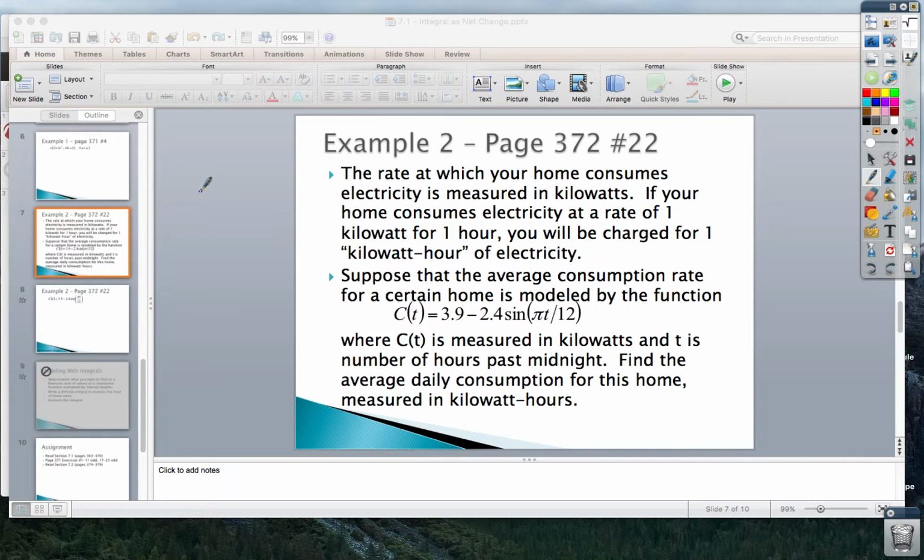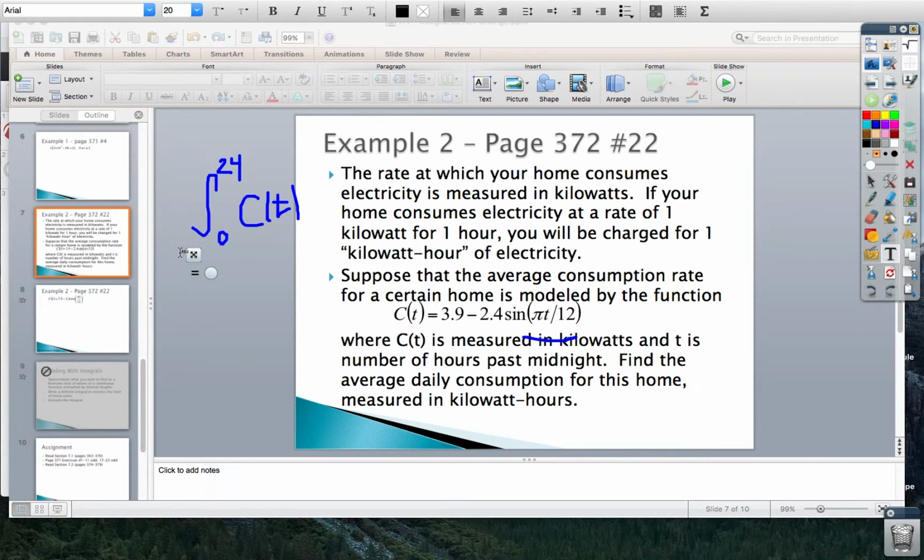So we are literally taking the integral for C of t from 0 hours past midnight to 24 hours past midnight. And when you punch this into your calculator, make sure your mode is in radians if you're going to do it the graphing route, because they're using pi, they're using radians.